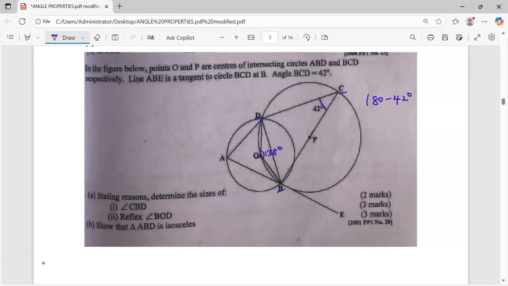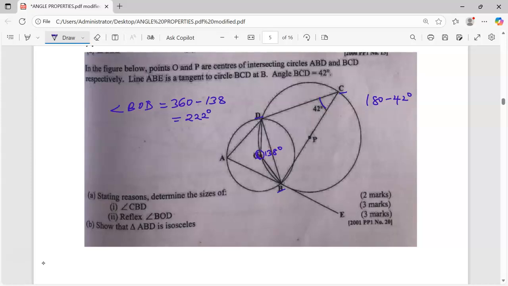If that is what we have, we can get the angle at this point here, which is going to be the angle BOD, equal to 360 degrees minus 138. This one gives us 222 degrees.